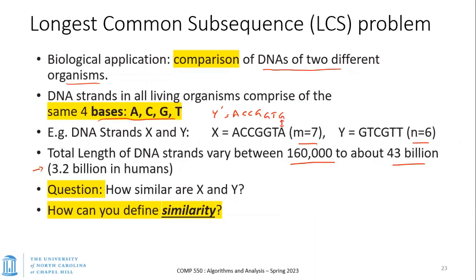Any thoughts on how you could define a metric for the similarity of the 2, or the lack of similarity? If you think about X and Y prime, how would you say they're similar or different?